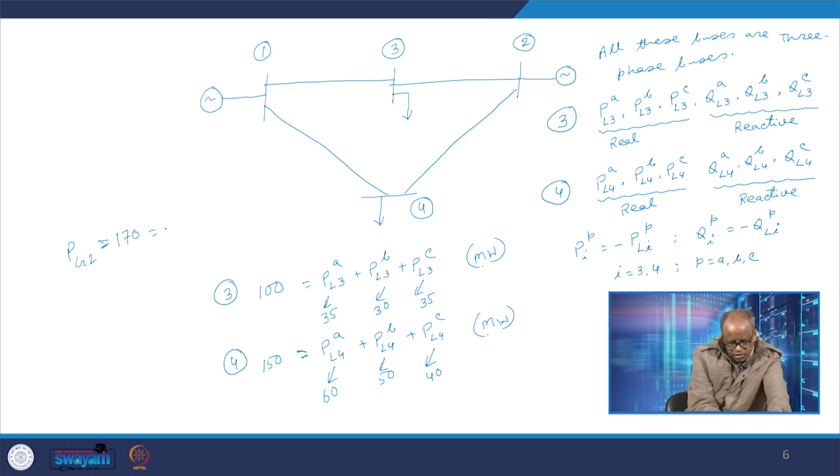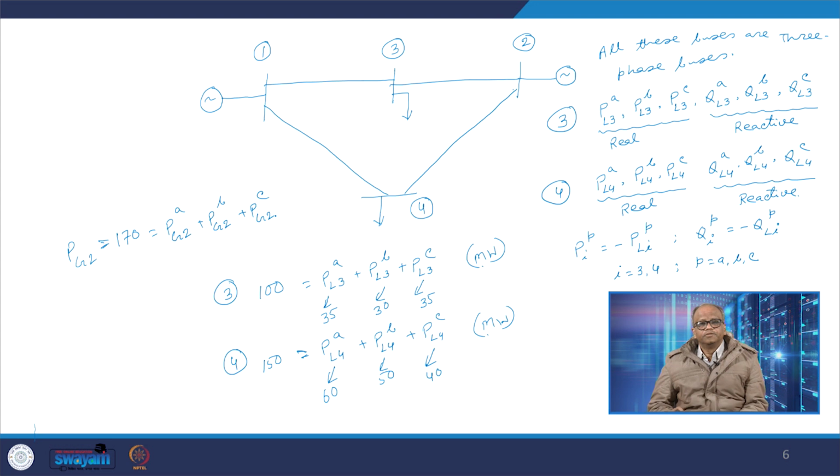That would be the total generation, PG2A plus PG2B plus PG2C.